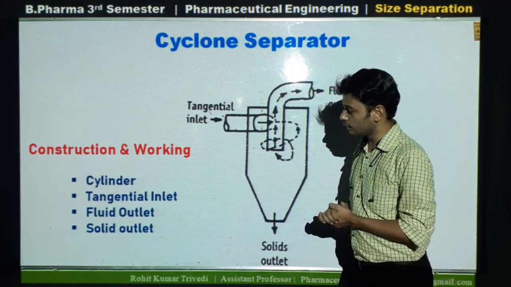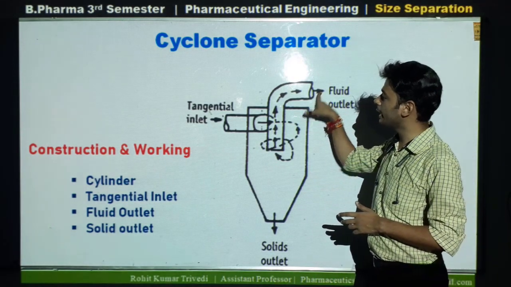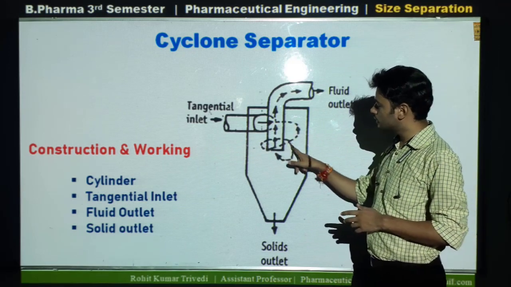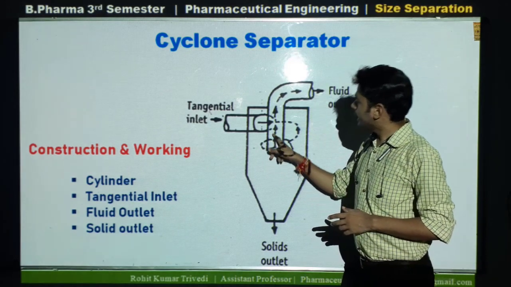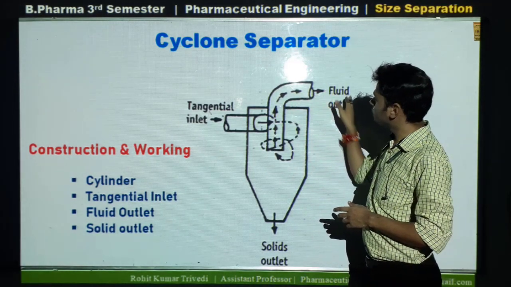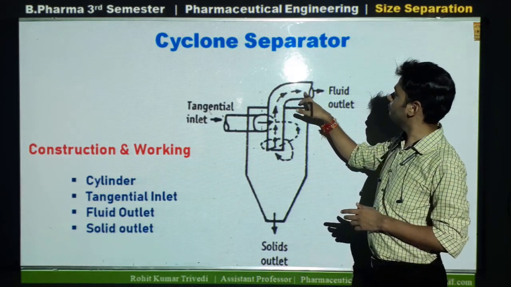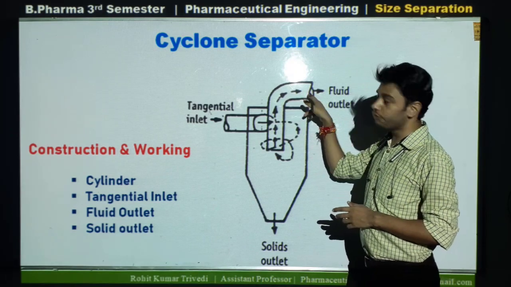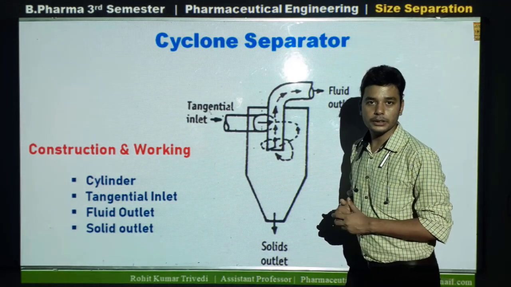The third one is the fluid outlet. Here is the fluid outlet. After getting entry, the high velocity air is taken off through this passage to the outside of the machinery, and here you can see the structure. From this particular area, the high velocity air with the smaller, very fine particles leaves the cyclone separator.